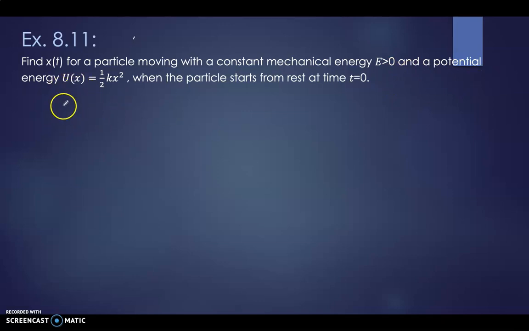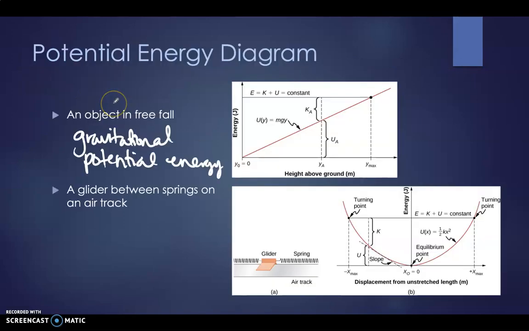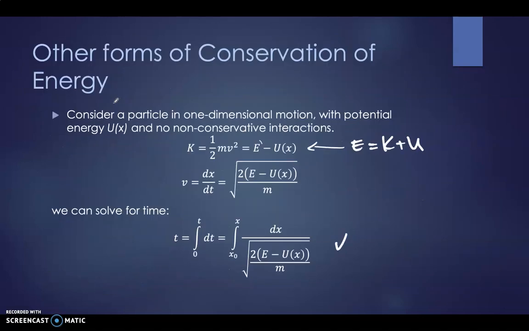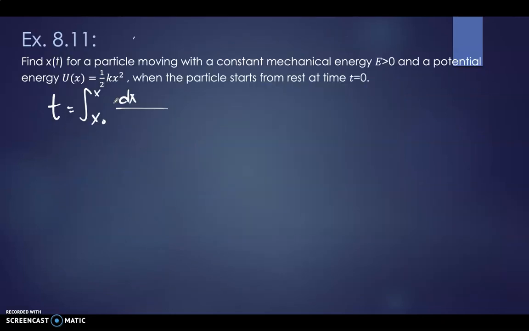So we can say t is equal to the integral from x naught to x of dx over, let me go back and make sure I've got this right, the square root of 2e minus u of x over m.